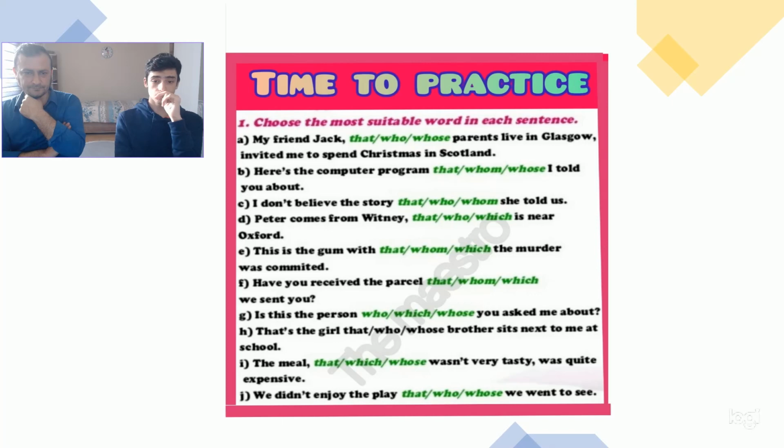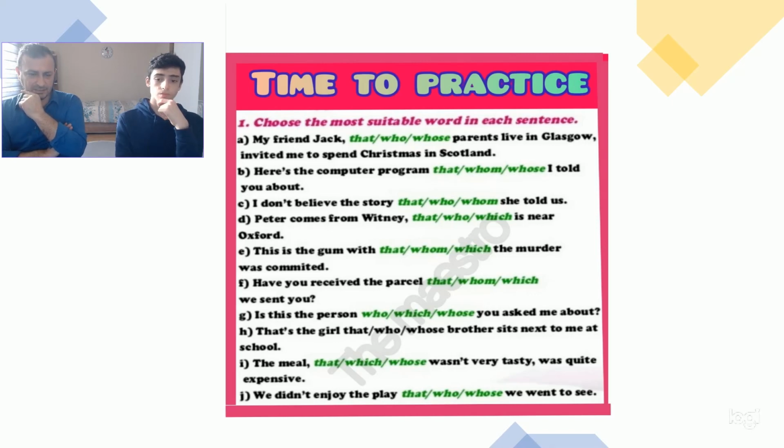Okay. Next one. This is the gun with blah blah the murder was committed. So this here is mentioned. There is no comma, first of all. Yeah, that's why we can use that. It's defining when there is no comma. There is no extra information. Yeah, only one piece of information exists.